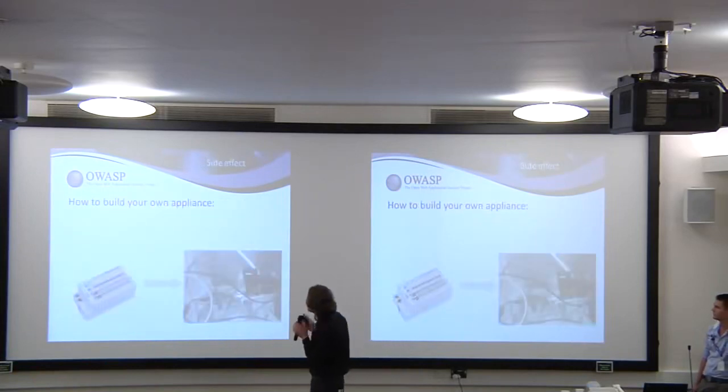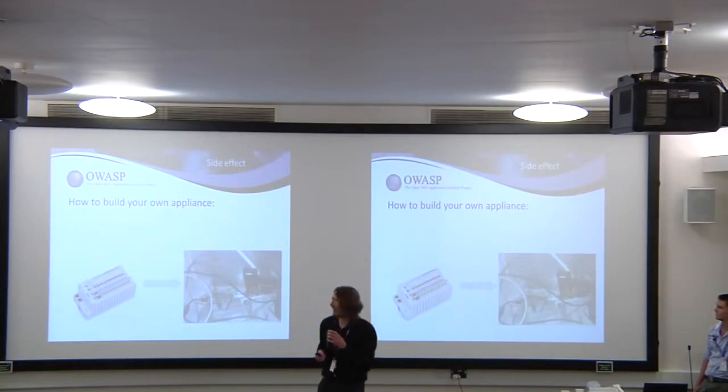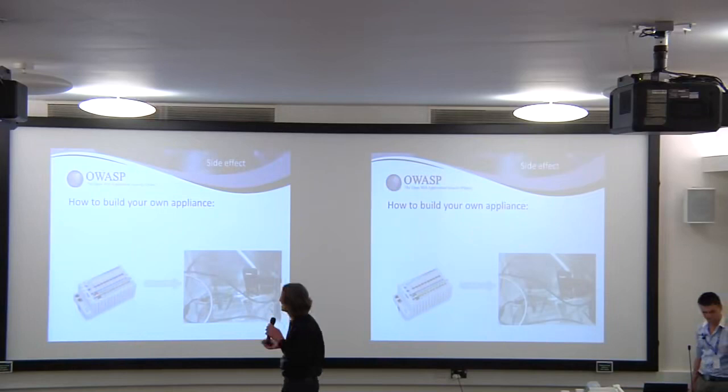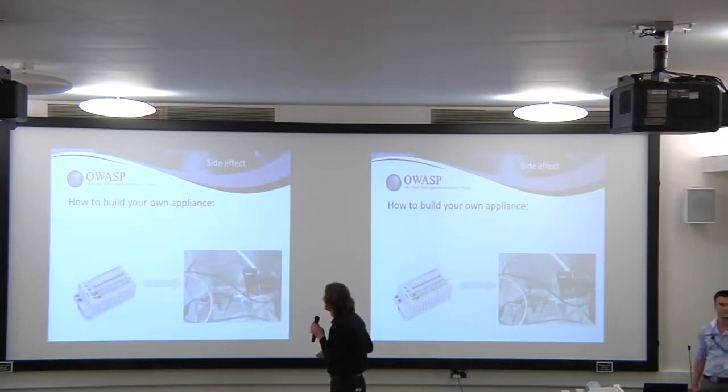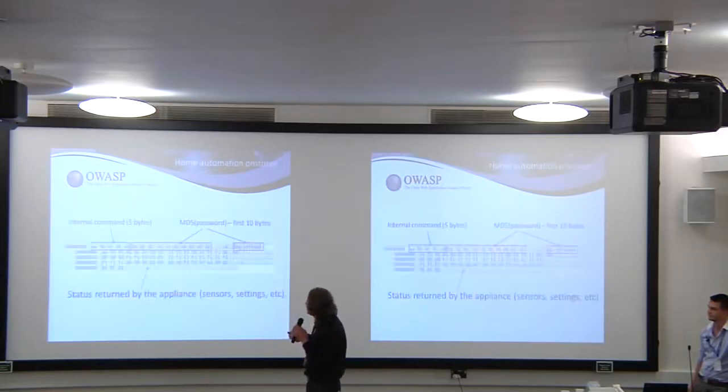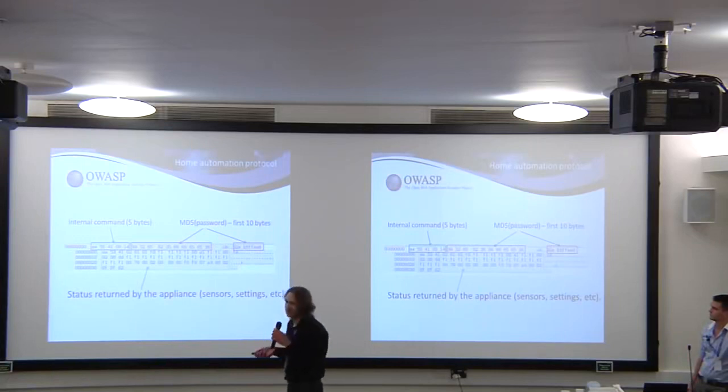An interesting thing was a side effect, because their business model was to provide an expensive appliance and, of course, free applications on the Google Play Store and iOS. So it turned out that after decompiling this protocol, I could just use these 5 bytes and send them to the internal home automation network, cutting off the password because it's not necessary for me.